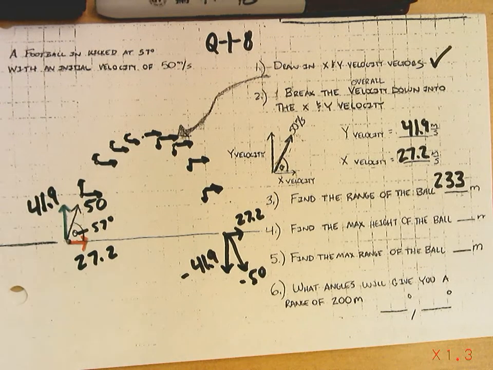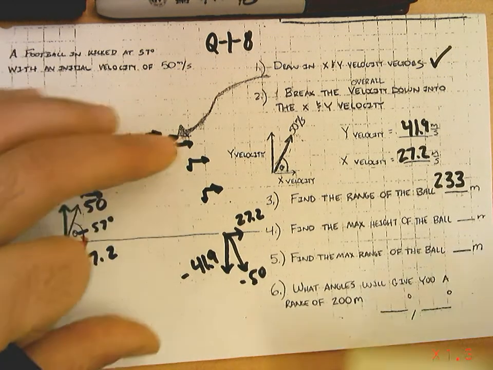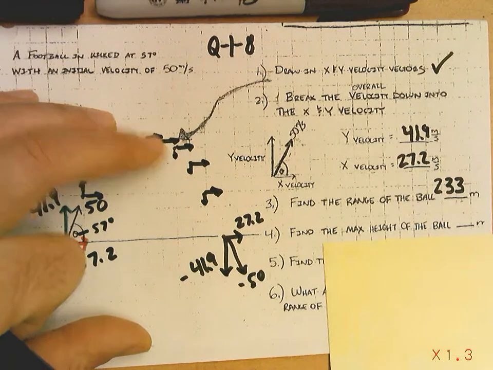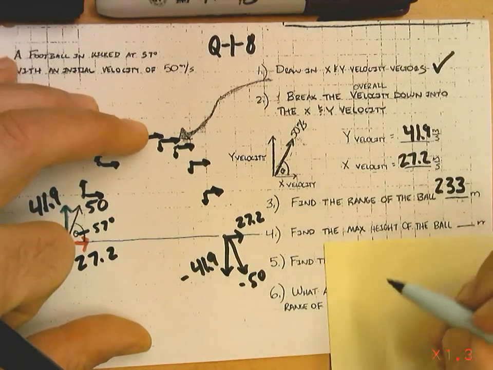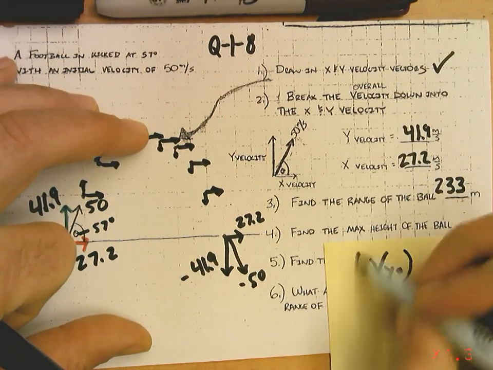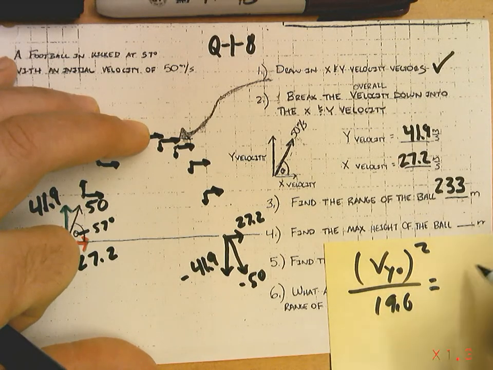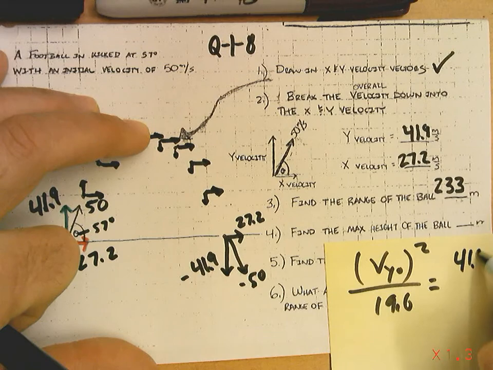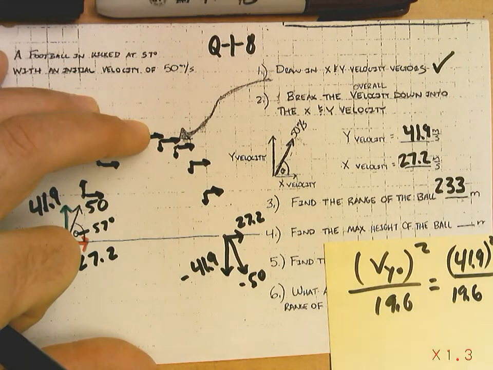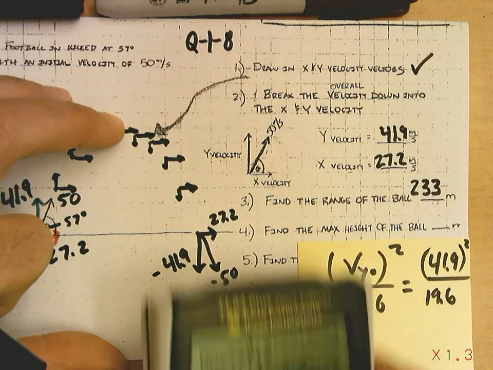Max height of the ball. You can find the peak of your parabola if you're doing it with magic physics formulas, or maybe you prefer the equation Vy naught squared divided by 19.6. So our Vy naught, once again, is 41.9. That's why it's so important to start by breaking these things down into their components, so I don't have to be like, okay, sine, cosine, which one?